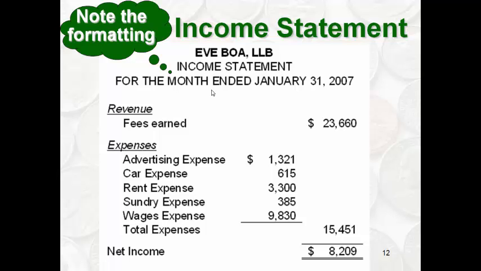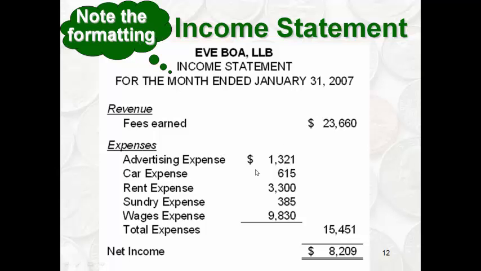If this date were to say for the year ended January 31st, then you know that this statement covers a period of a year, which ends January 31st. That would mean that the year had started February the 1st of the previous year. Okay, so this date is something that we will pay attention to when we create our income statements.